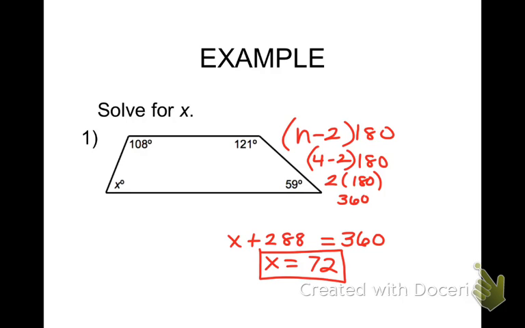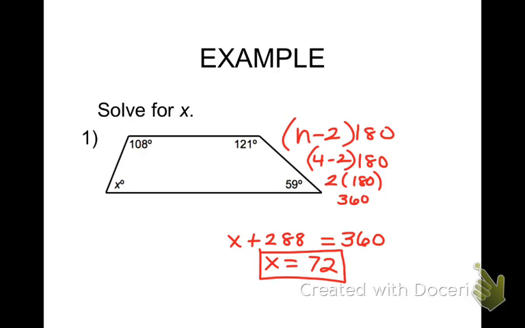What would change in this problem if this was a pentagon? Instead of 360, our number would be 540. If this was a hexagon, what would it be? 720. And those are ones you should come up with pretty easily.